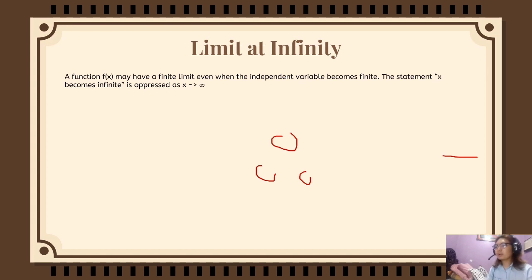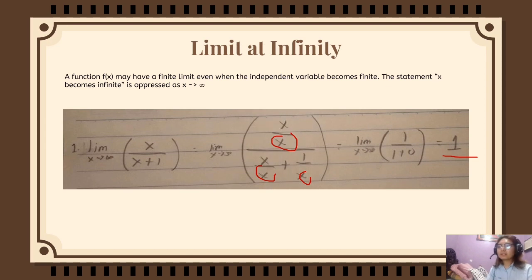The statement that x becomes infinite is expressed as x approaches infinity. Example number 1: the limit as x approaches infinity of x over x plus 1. What I can do here is divide by x.